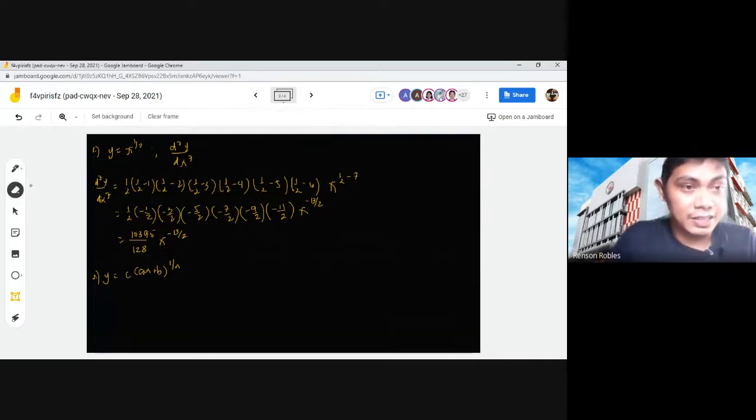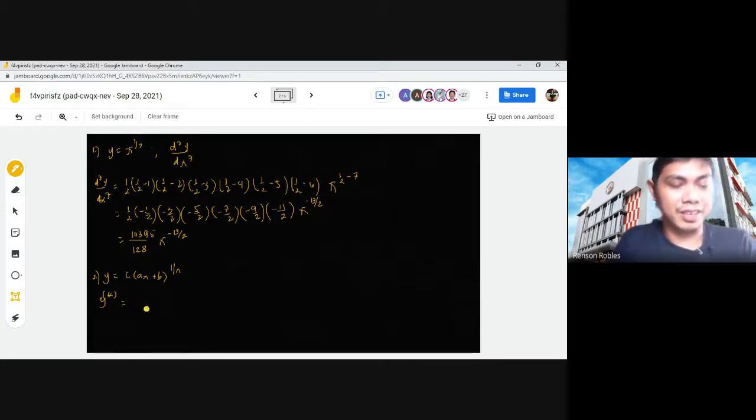So what do you think will happen? For (ax plus b) raised to 1 over n, the kth derivative of y in terms of x would be c times a raised to k.